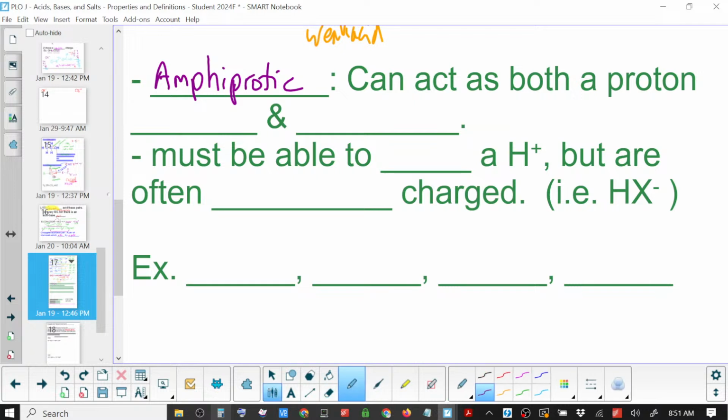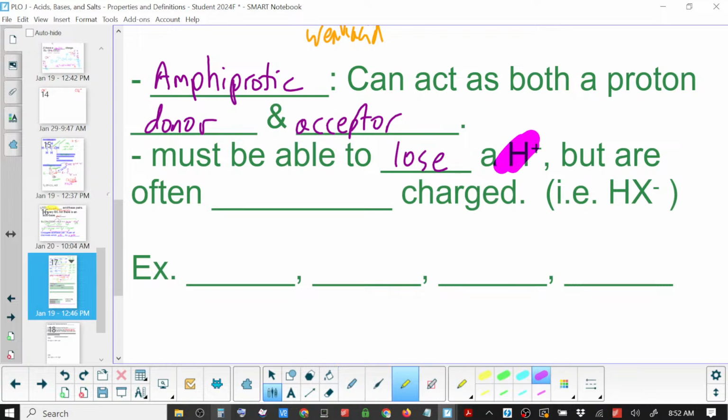Amphiprotic can act as both a proton donor and acceptor. In order to be amphiprotic, you need to have a hydrogen, but you also need to accept a hydrogen, so they're often negatively charged.